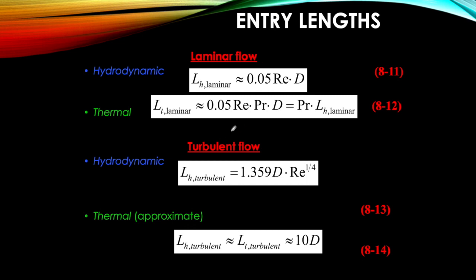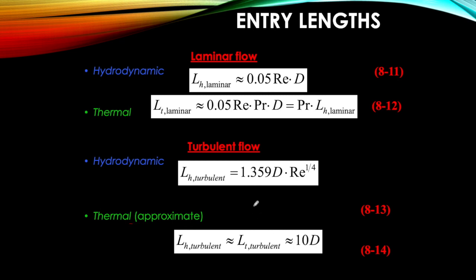If you get turbulent flow, then we have to calculate the entry length of that turbulent flow. To determine the entry length for the turbulent flow, you have to use this equation, thermal approximate, and then LH is approximately 10D, 10 diameters.